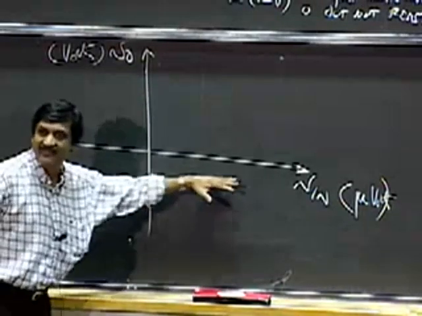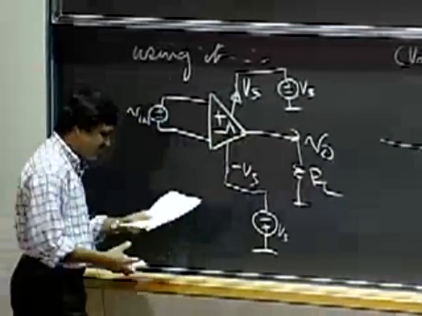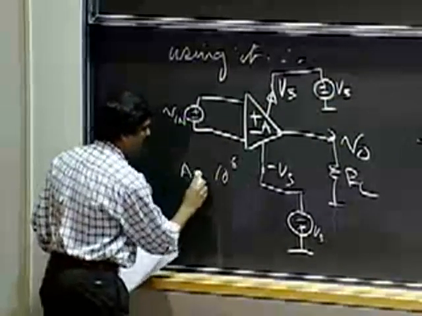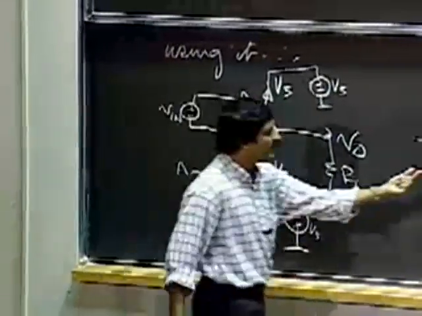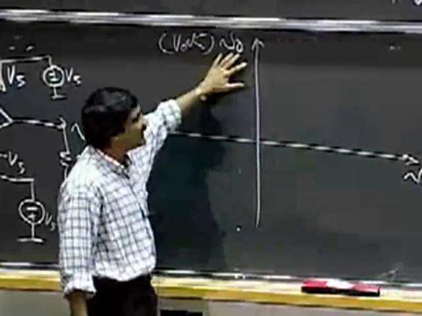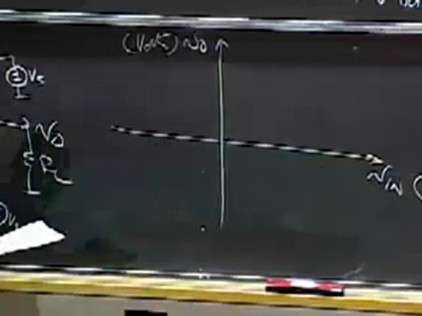Okay, V in is going to have a very, very small scale, in microvolts, because, remember, the gain of this is huge. Okay, it's on the order of 10 to the 6. It's huge. So small changes in V in are going to cause massive changes in VO. Okay, so I have a very fine scale on the x-axis.